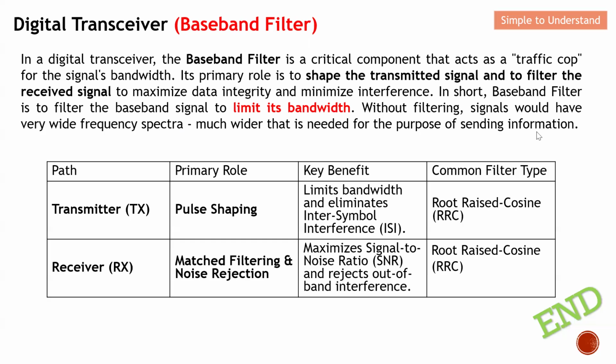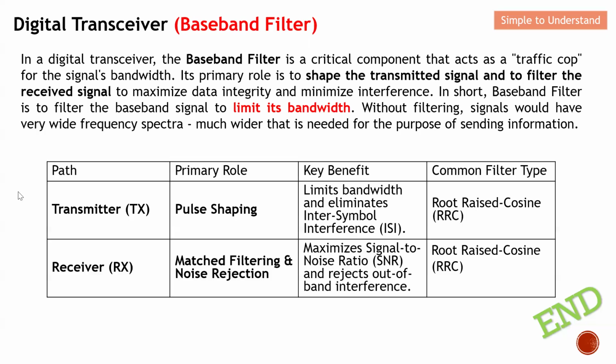To explain in very simple words, most of the data concentrates at the center. There is no point in transmitting the whole signal bandwidth. So therefore, we truncate the bandwidth, and thereafter, when we send that message, we will be able to recover the original message.